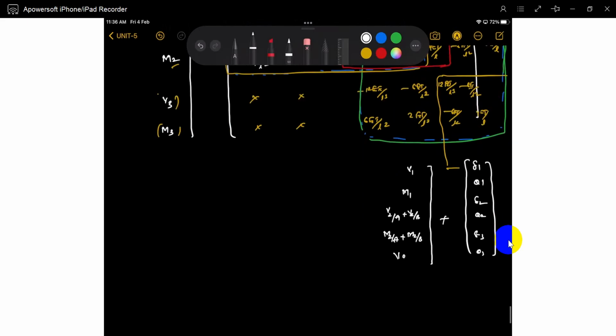Here V3, M3, you have to add those values. This is the applied, this is the response, and the resultant will give the final values. Here also, applied force is taken as positive, and anti-clockwise is taken as a positive moment.